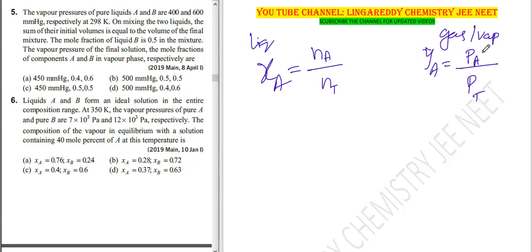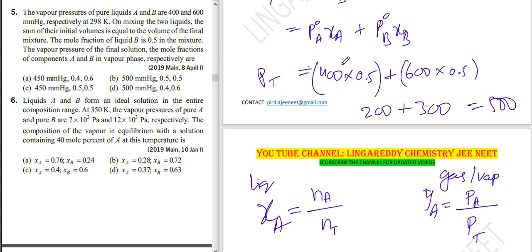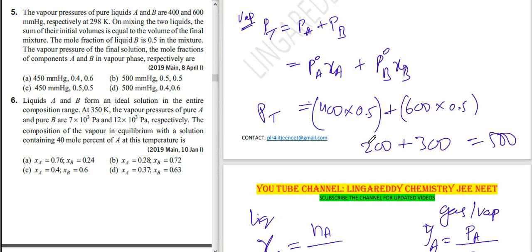Here the formula is YA equals partial pressure of A upon total pressure, or number of moles of A upon total number of moles. We need to calculate YA. So what is the partial pressure of A?